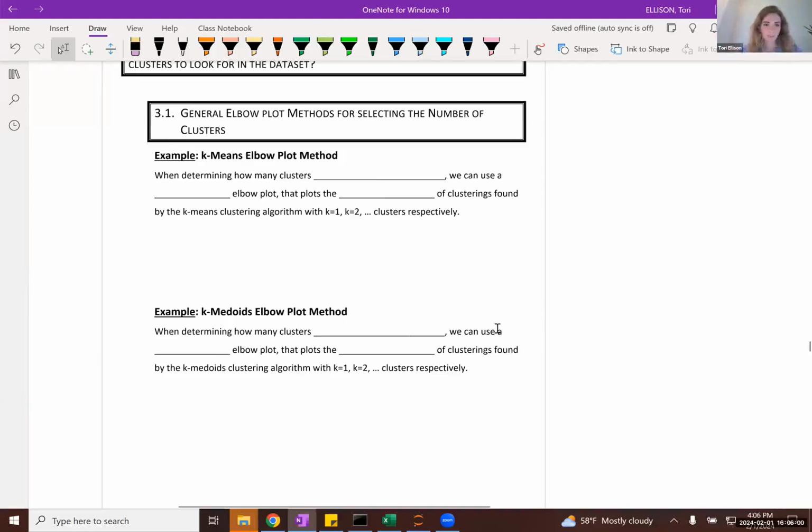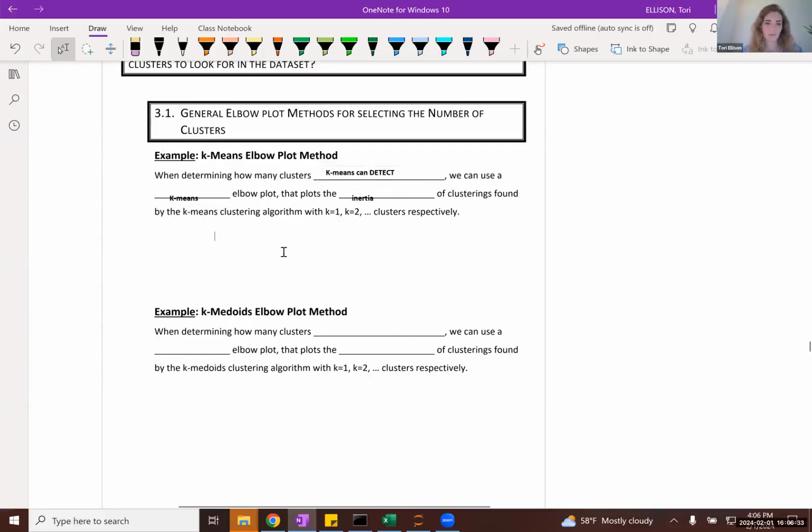Similarly, if we want to look for how many clusters might exist in the data set, we could use the k-means elbow plot. When determining how many clusters, not inherently exist in the data set, but how many clusters k-means can detect, we use, naturally, a k-means elbow plot, which plots the inertia of the clusterings found by the k-means clustering algorithm.